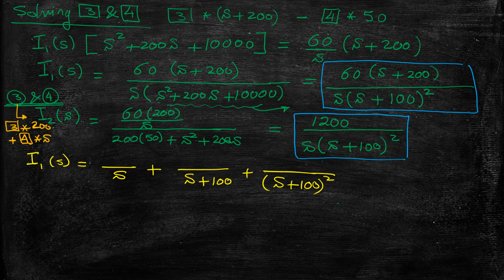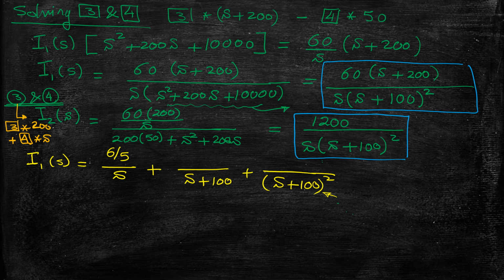Doing this partial fraction, if we substitute S equal to 0, this will end up to 200 multiplied by 60 over 10,000, so this value will be 6 over 5.